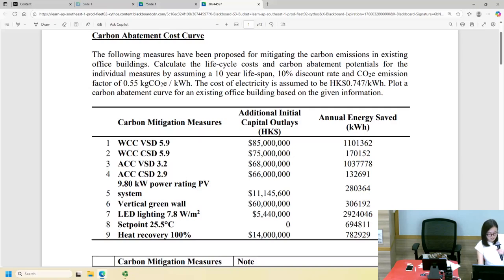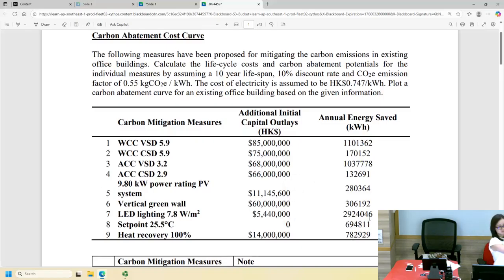And for number 8, this is the set point for the air conditioning system. Maybe the original set point is 24, and now I raise the set point to 25.5 degrees. Then you don't need to pay for anything, just the set point. So there is no cost, but there would be a certain amount of energy saving every year.